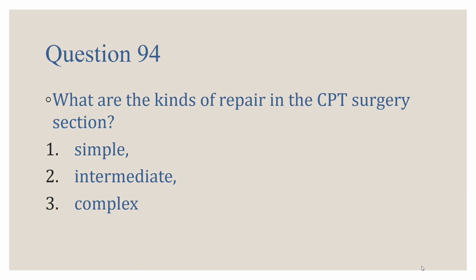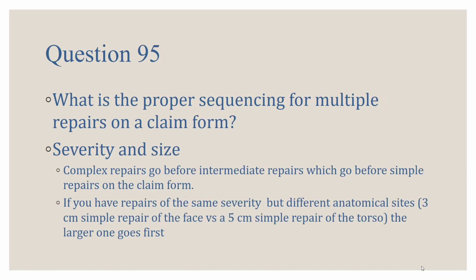Question 94. What are the kinds of repair in the CPT surgery section? They are simple, intermediate, and complex. Question 95. What is the proper sequencing for multiple repairs on a claim form?